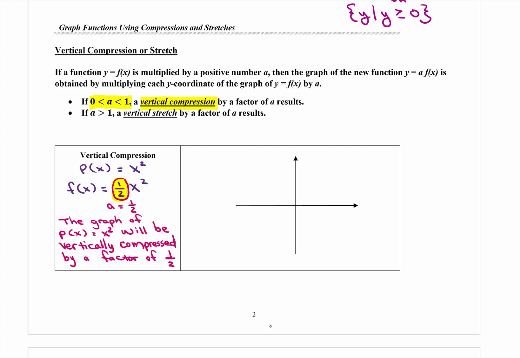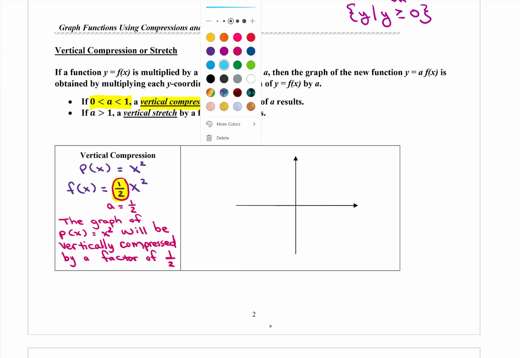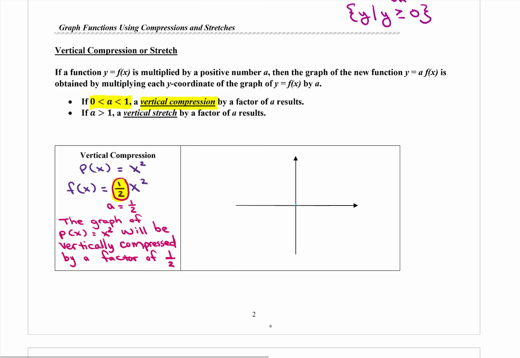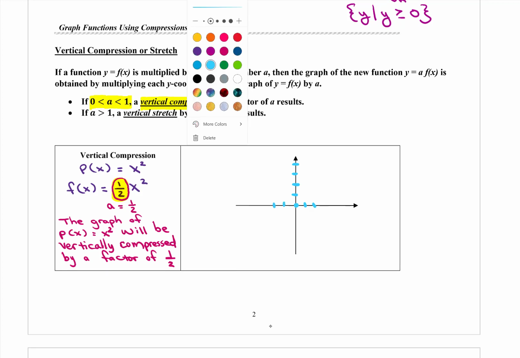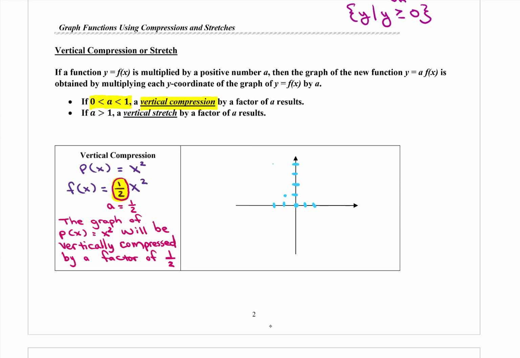So the graph of p of x is equal to x squared will be vertically compressed by a factor of 1/2. That's the mathematically correct way of saying that. We don't say it's getting squashed, but when people write stuff like that on tests, I like it because it means they understand what's happening. But this should be the correct way of phrasing that.